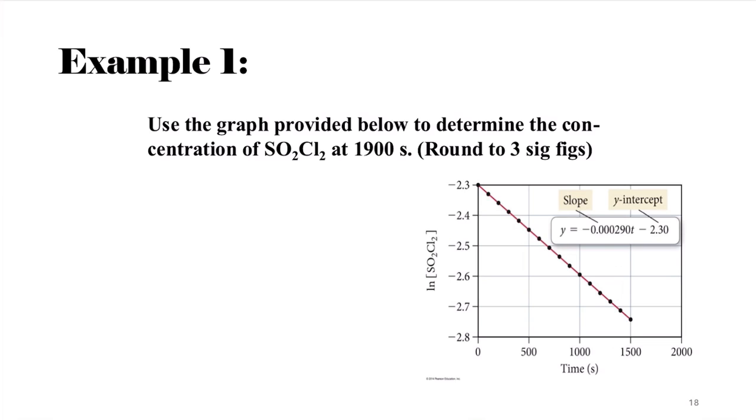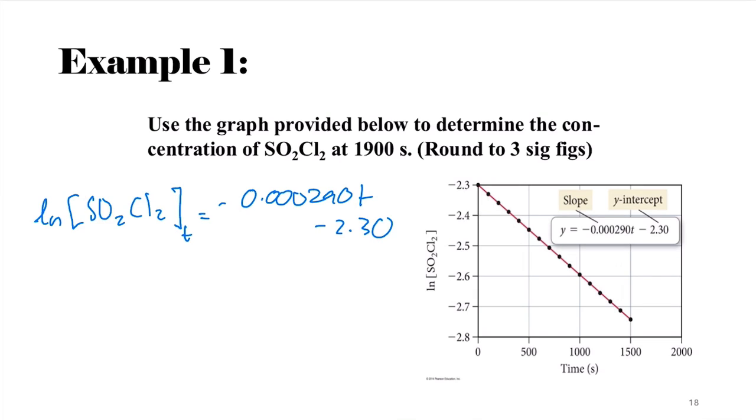So what do you need from the plot and the equation of the line on the plot here? Y is equal to what from the previous page? ln[SO2Cl2] at time t is equal to minus 0.000290 t minus 2.30, right?